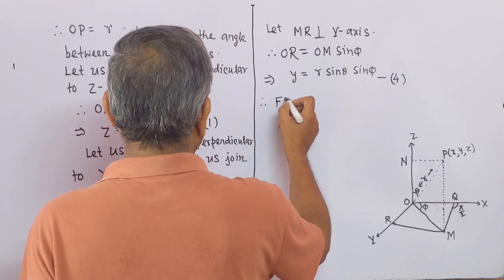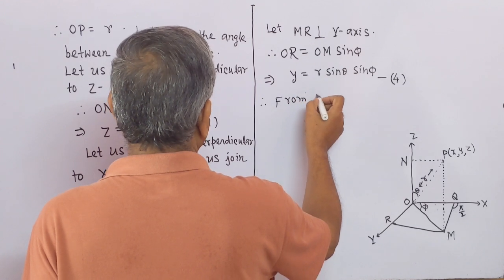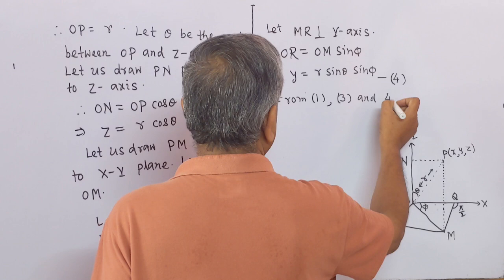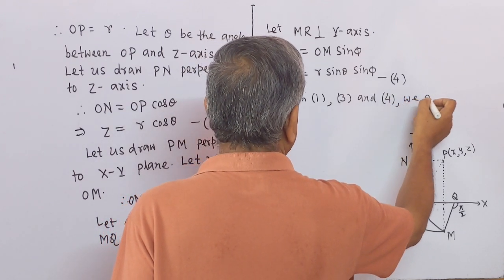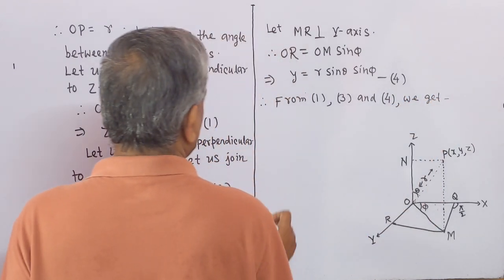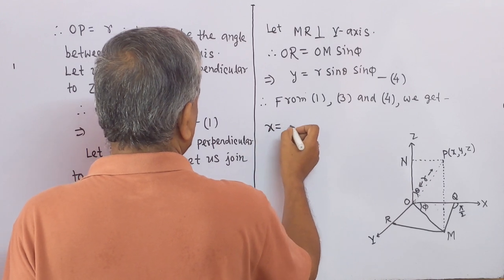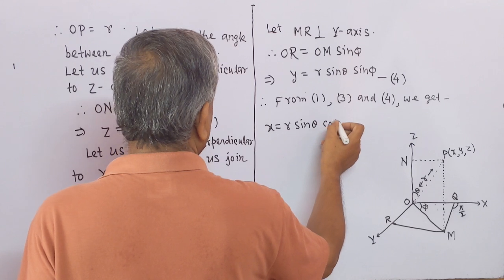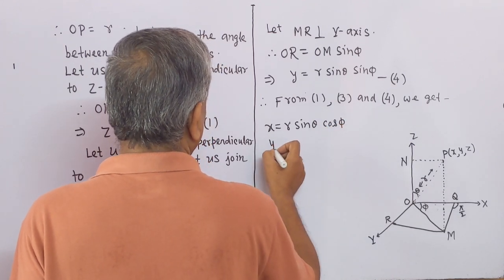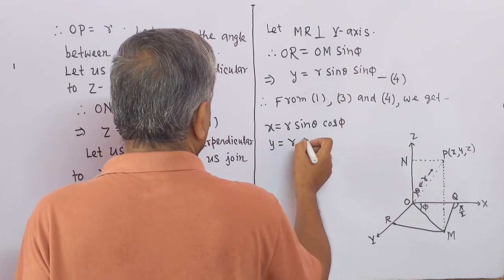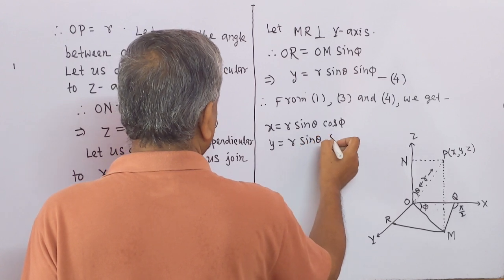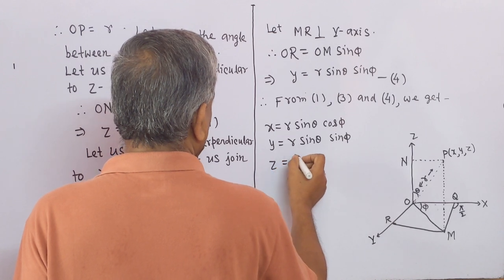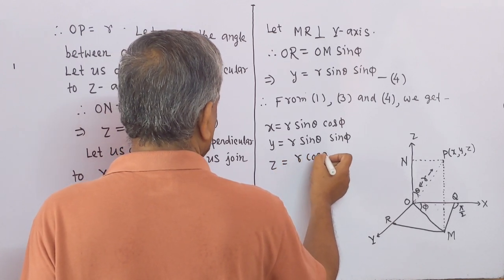Therefore, from 1, 3 and 4, we get x equal to r sin theta cos phi, y equal to r sin theta sin phi, and z equal to r cos theta.